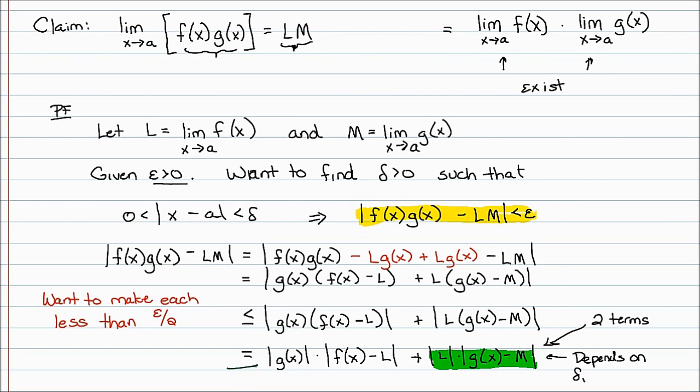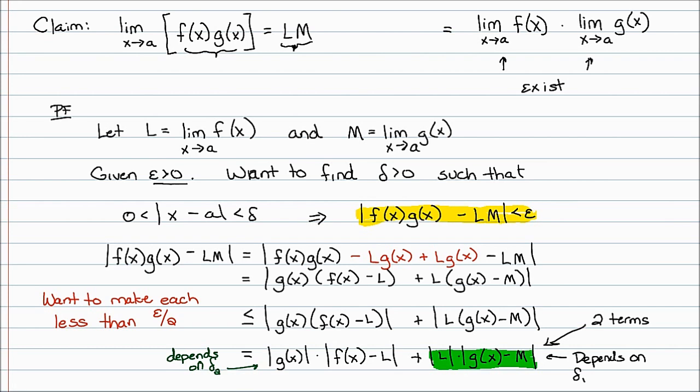So that depends on delta sub 2. So it just depends on how small delta sub 2 is, right? So we have two kinds of deltas here, a delta 1 and a delta 2. By the way, if I choose the smallest of these two deltas, then I still have a bound on my g of x, and I still have a bound on my absolute value of L times the absolute value of g of x minus m.